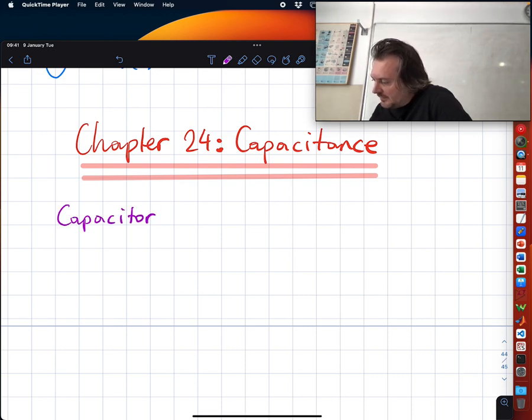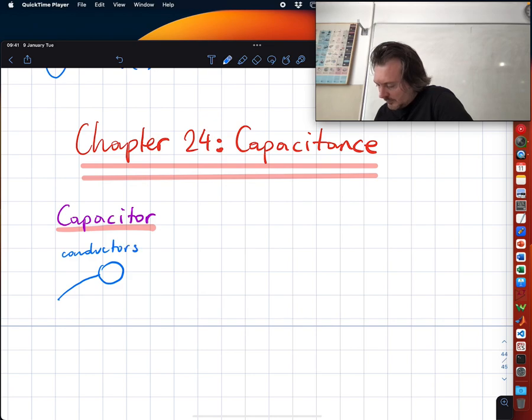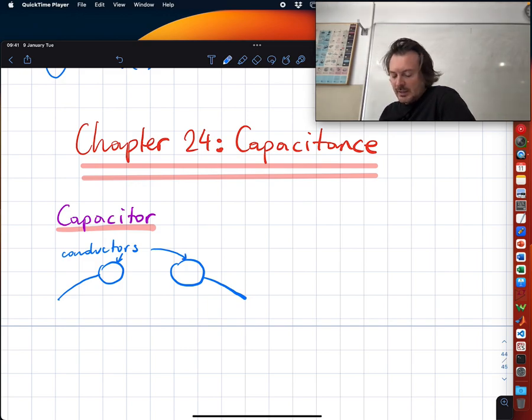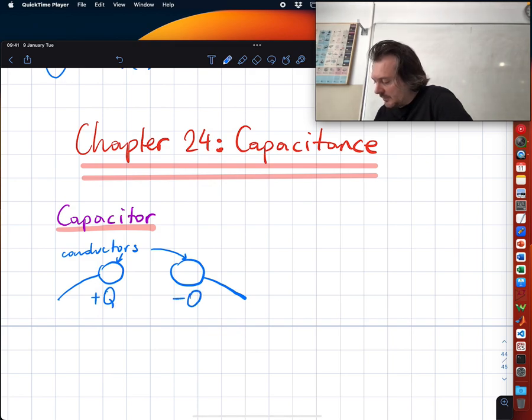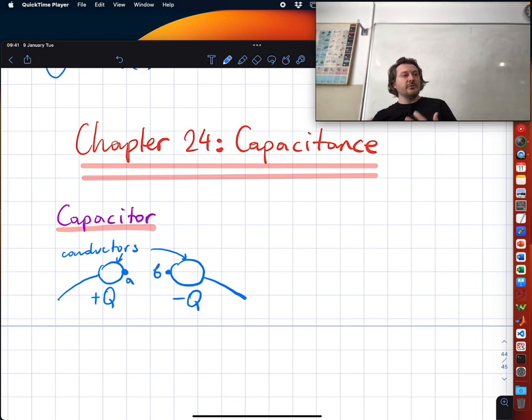So in general case, we are thinking about two conductors. This one is a conductor, this one is a conductor. And you basically charge one side plus Q, the other side minus Q. And it can hold the charges like this for a certain amount of time. This is a general view of a capacitor.